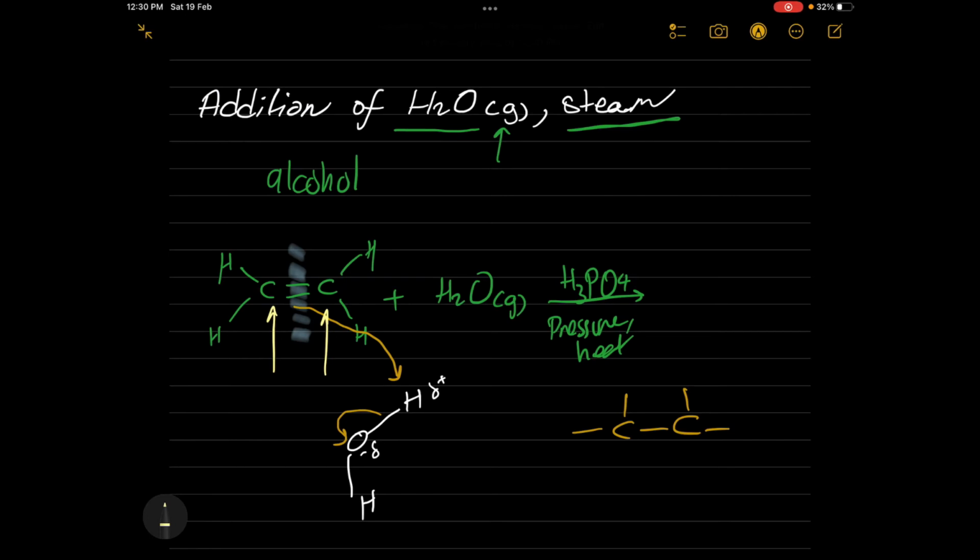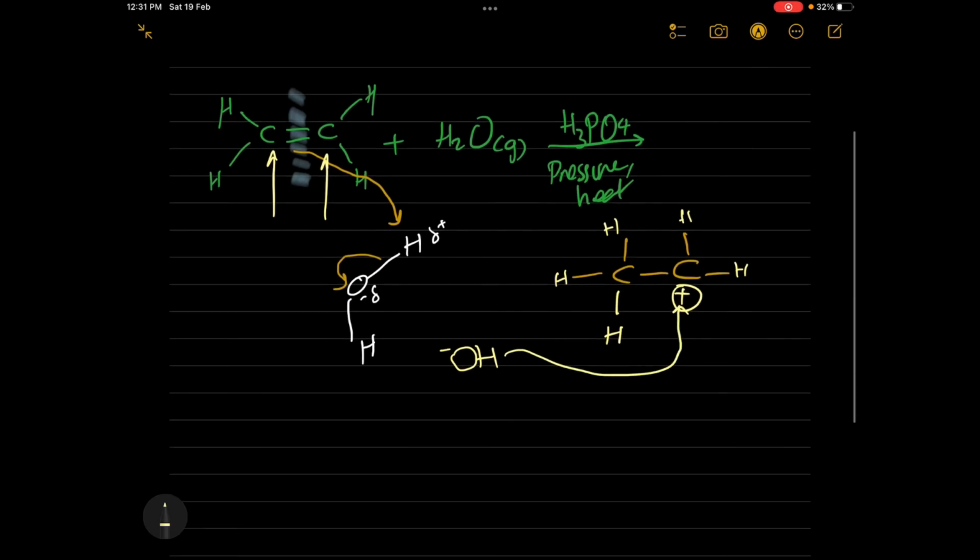So suppose that the hydrogen is bonded to this carbon, and we still have a positive charge in here, which is the carbocation. The next step is we have OH negative. The OH negative comes and attacks this carbon, and the product in this case will be C-C, and we have hydrogens.